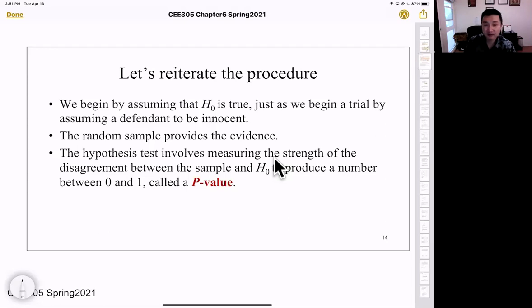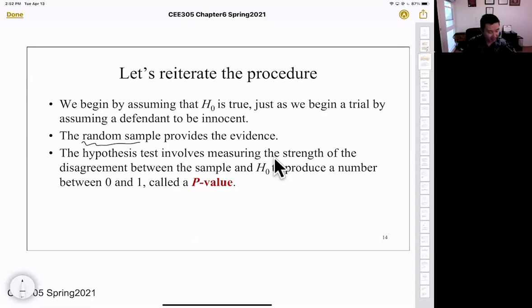And then we get a random sample, such as the average income of 64 families. The sample gave us the average income of $30,000.